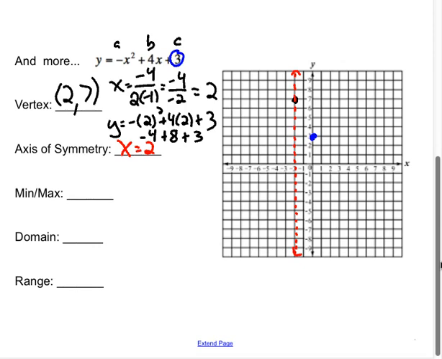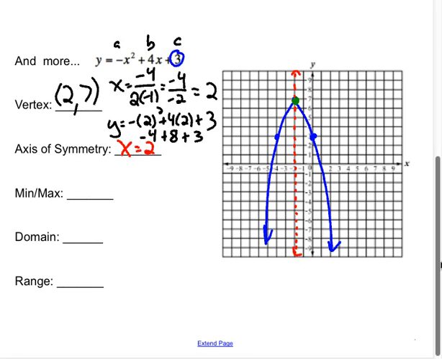And then you can see your y-intercept is 2 away from your axis of symmetry. So I'm going to reflect it over and make a point 2 away on the other side. Remember, that's what it means to be the axis of symmetry. Then, of course, draw my graph, just like that.